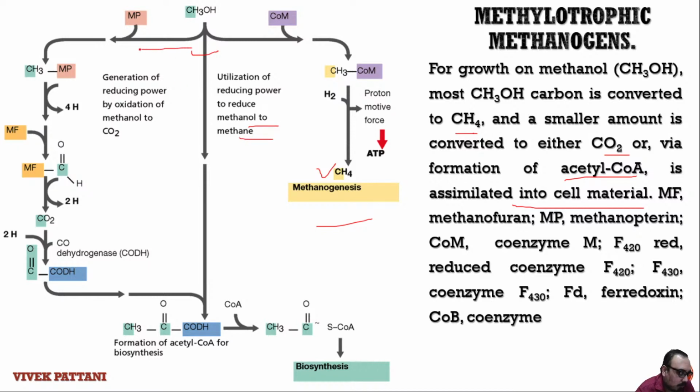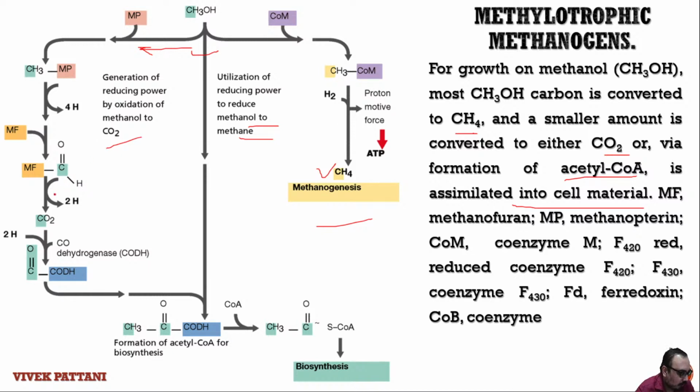Now again moving towards this side, methanopterin will join the methanol after the release of OH, and with the help of methanopterin, reducing power is generated by oxidation of methanol to carbon dioxide.